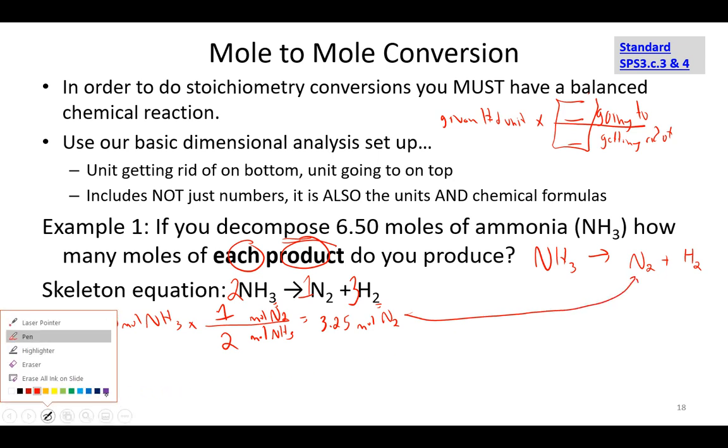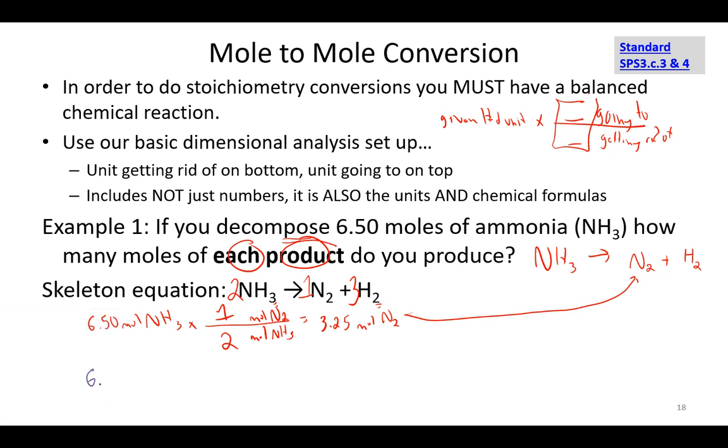Looking at the second product, same basic setup. Write your number that is given to you in the problem, multiply by a fraction. So this is a mole to mole. The substance I'm getting rid of goes on bottom. The substance I'm going to goes on top. So I'm getting rid of moles of ammonia.